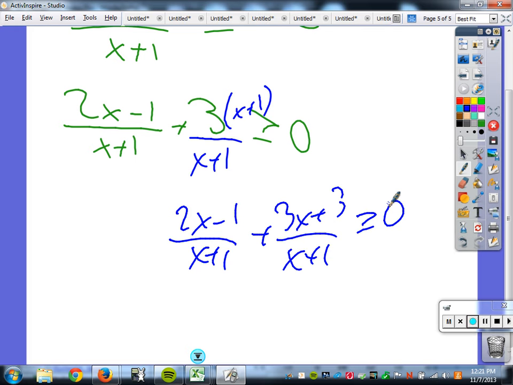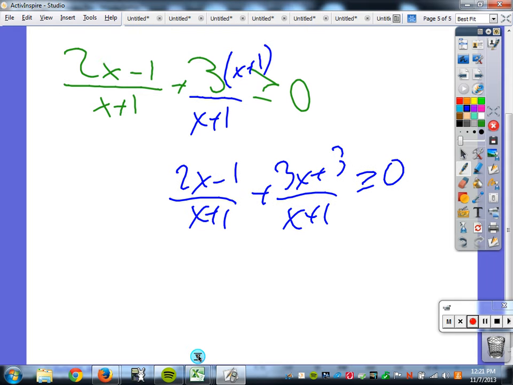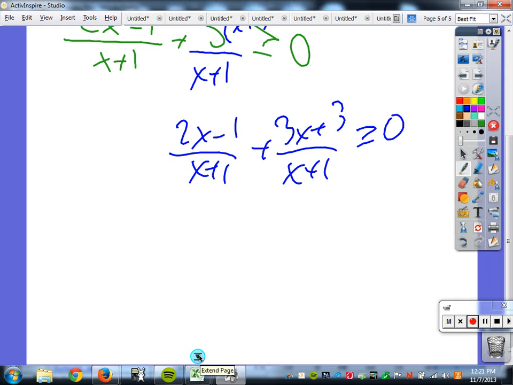Now what can I do? Miss Holly. What can I do now? Because now I have like denominators, I can combine the top, correct? So that becomes 5x plus 2 over x plus 1 greater than or equal to 0.